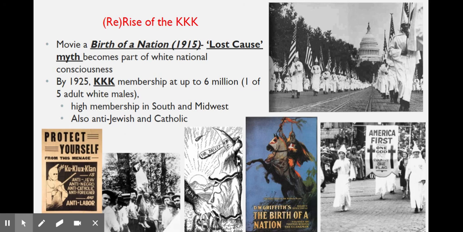So the resurgence of the Klan is for the most part not actually going to be in the South. It's well established there. It's going to be in northern and western cities. You're going to find klaverns, that's what those chapters are called, in places like Indianapolis and Omaha, Nebraska. Often people are going to be geared towards joining those organizations because they have anti-Catholic and anti-Jewish bias.